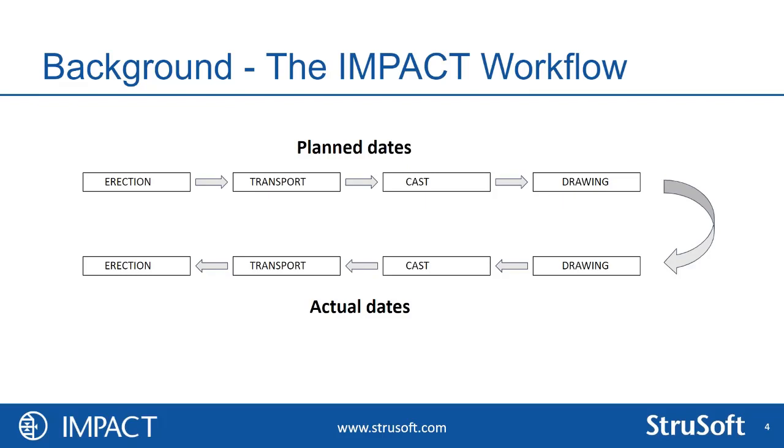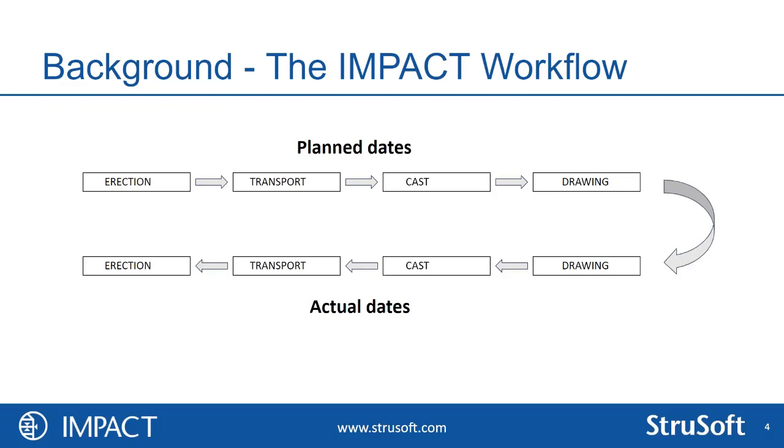We call it rough planning, which are the dates that you plan early on, and we have fine plan dates, that is, the date when the drawing was actually there, when the cast was actually made, when the transport was actually done, or when the building was actually erected. So two parts there: rough planning and fine planning.